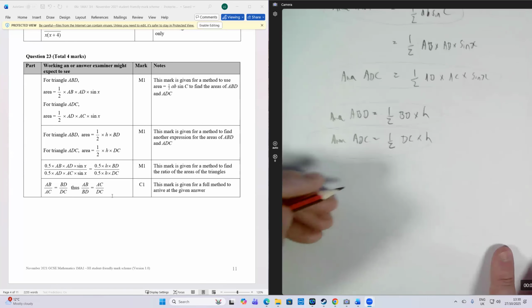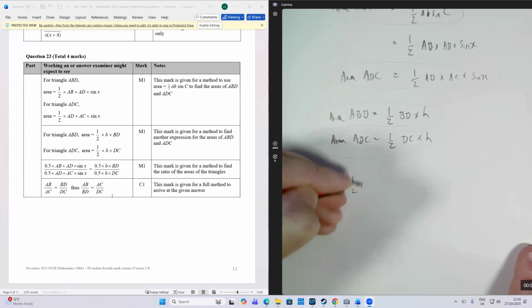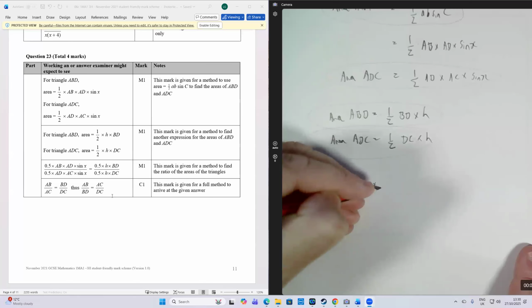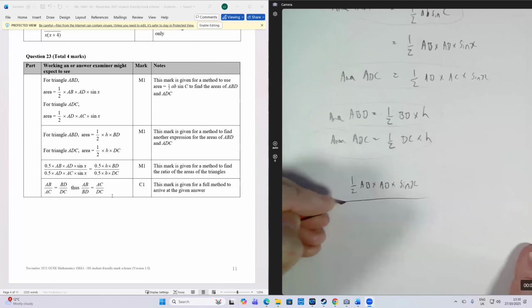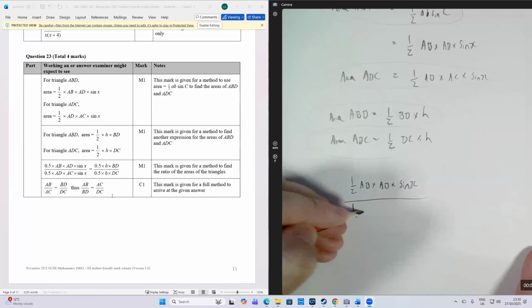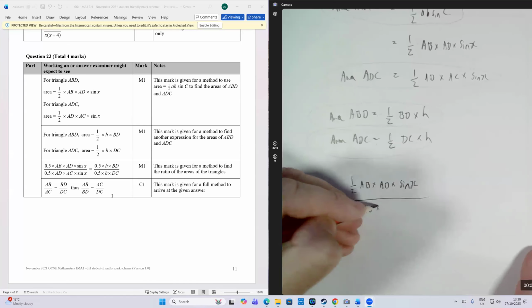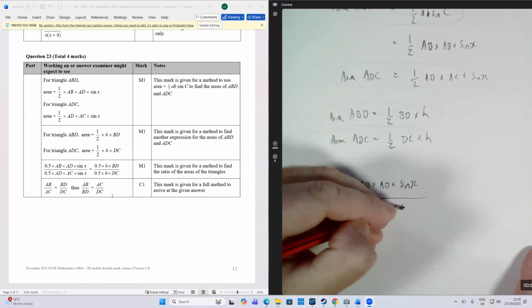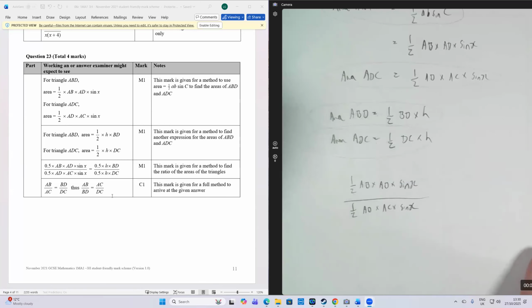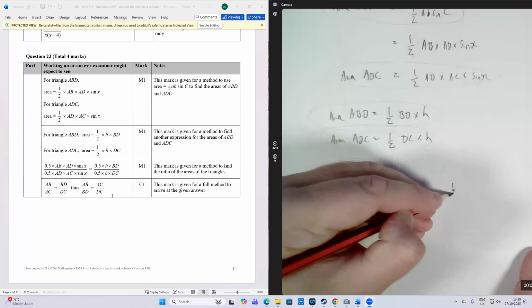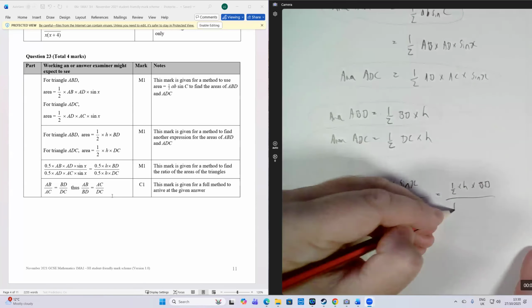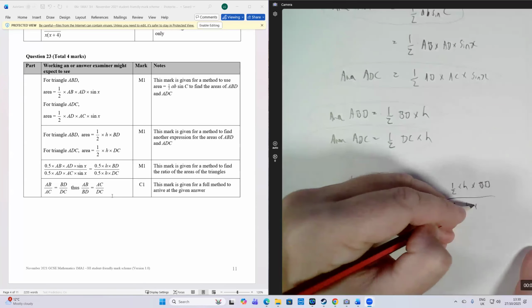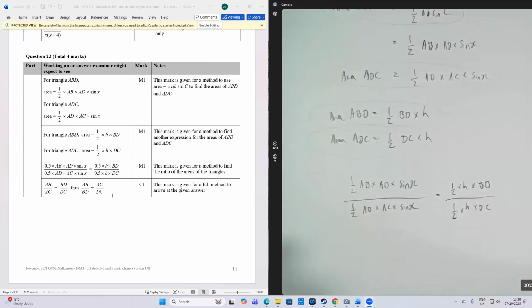So let's write that down. We've got a half of A times AB times AD times sine x, divided by a half times AD times AC times sine x, is going to equal a half times H times BD divided by a half times H times DC.